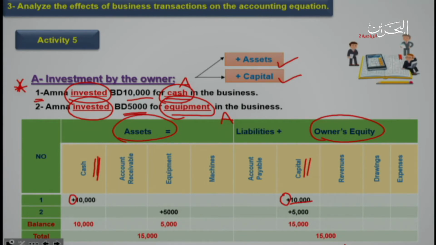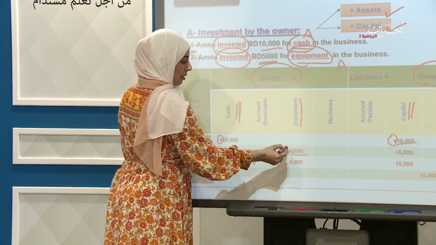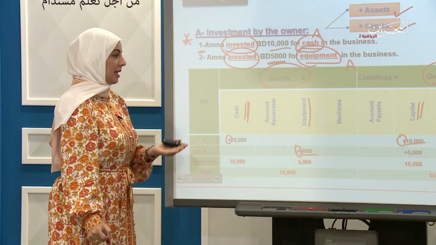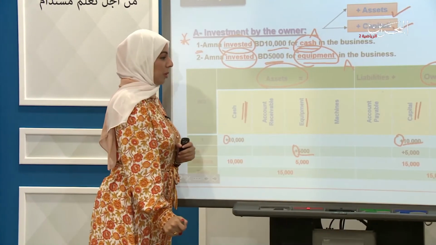Returning back to our schedule, in transaction number 2, I will come to the section of assets under the equipment account, and I will increase it by 5,000. And I should add the sign of plus to show that the account in equipment will increase.